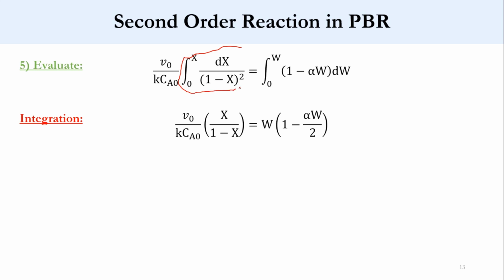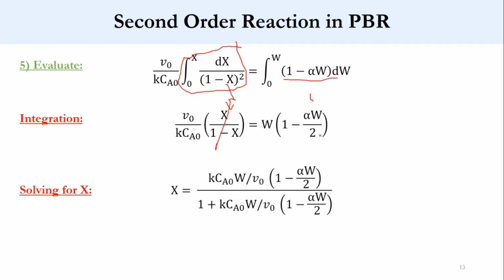This will come out as X over 1 minus X, while this will come out as W into 1 minus alpha W over 2. Now if we rearrange it for X, obviously it's a mathematical step, so you have to take paper and pen and solve it.